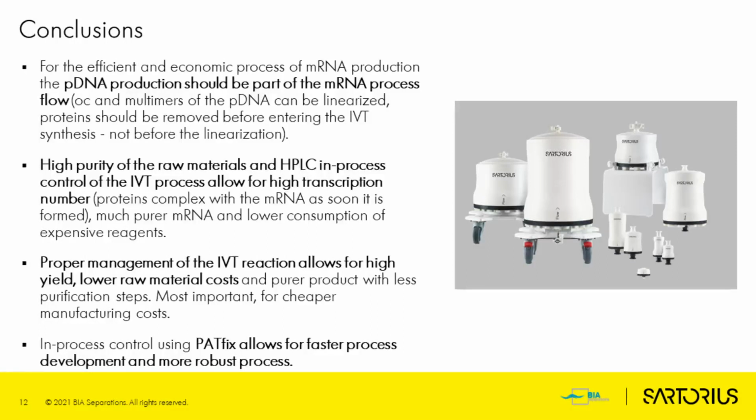If the transcription factor is lower, then we would need much more plasmid DNA to produce the same amount of mRNA. So the goal should be to produce as many mRNA molecules as possible out of one plasmid DNA. The plasmid DNA is not an issue. These are the impurities which kick down the transcription factor. We checked the plasmid, it still says the same, so we are not losing plasmid. We believe that we can go way over even 200 with the transcription factor by properly managing everything.